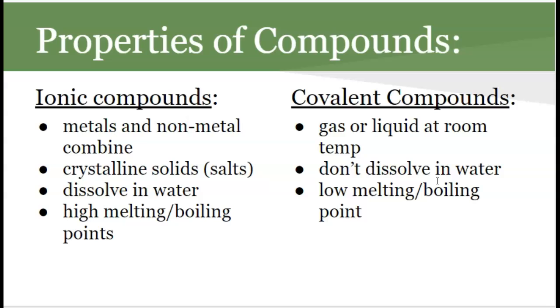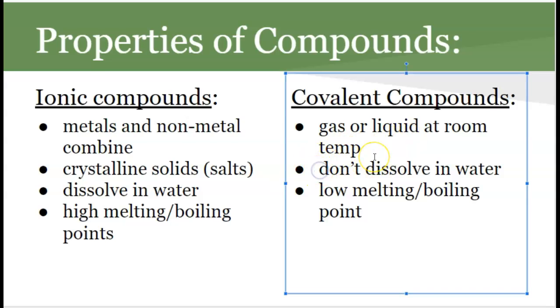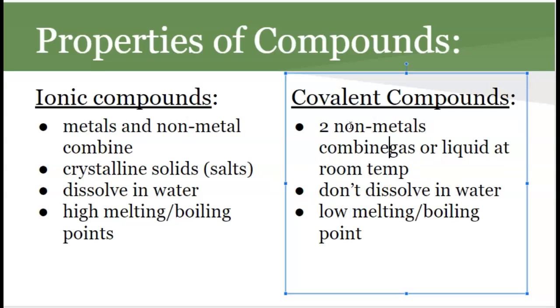Now, covalent on the right-hand side is a little bit different. This, again, is the sharing of electrons. So oftentimes they are a gas or a liquid at room temperature. What should also be added here is that it is two nonmetals together. So two nonmetals combined.